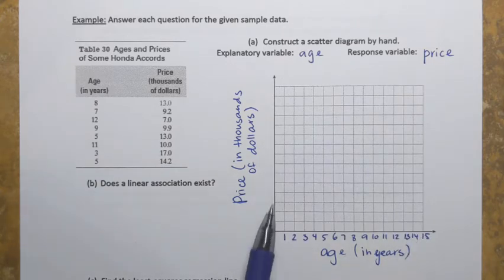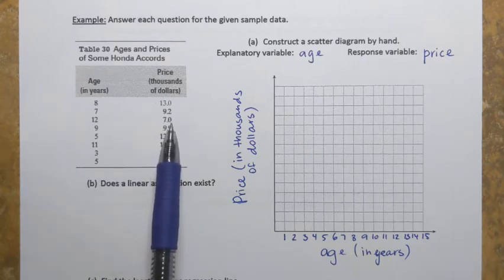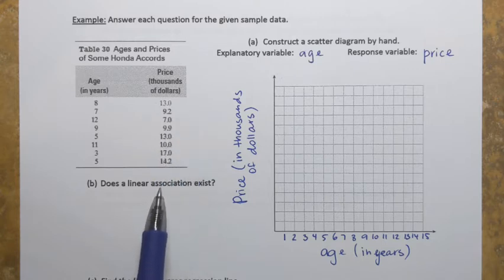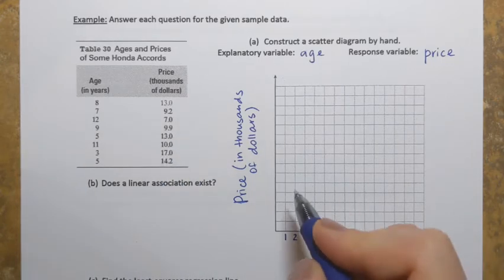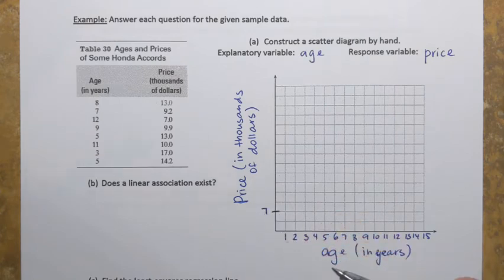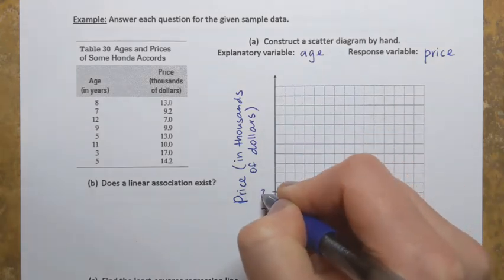Next, to label the vertical axis, I make a note that the lowest value in the data set for the response variable is 7 and the highest is 17. Okay. I think I'll start at 7. Remember, we don't have to start at 0. We can start at any number when we construct a scatter diagram. And then I'll just increase. I think if I increase by 2, that will do it.